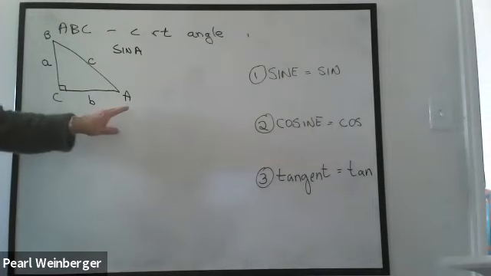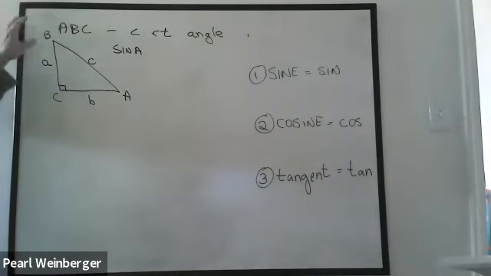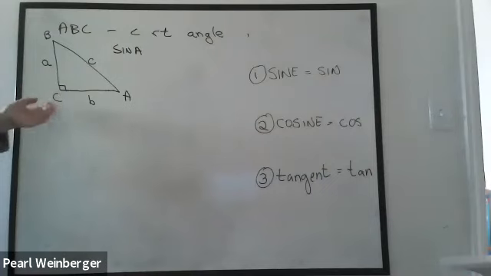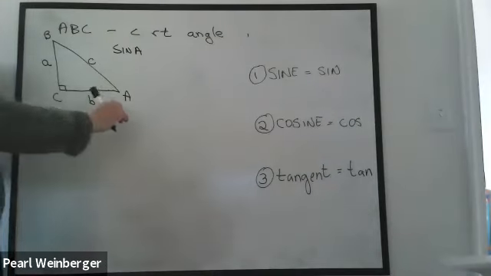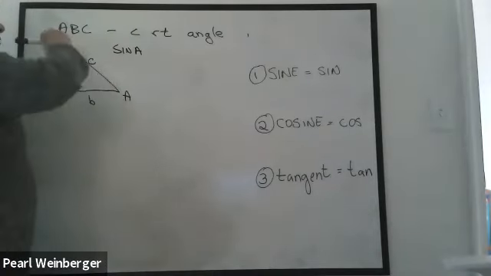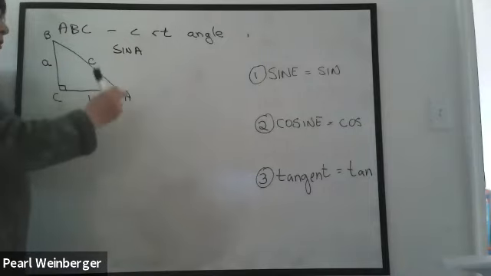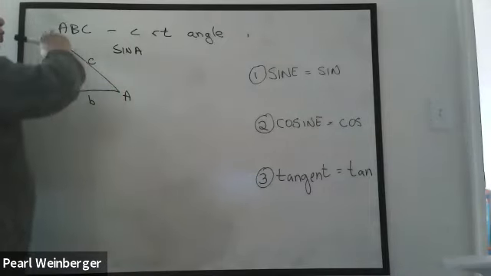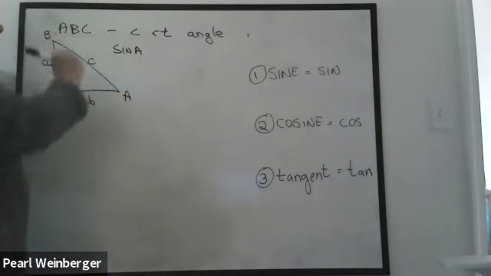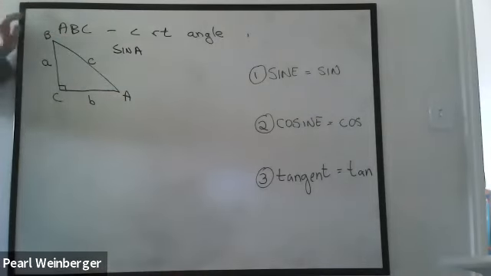So I could talk about sine A, I can talk about sine B. I usually don't talk about sine C. The right angle is usually not involved in it. We're usually interested just in the sine or cosine or tangent of what we call the acute angles, the angles that are not the right angles. But you can't just say, what's the sine? You have to say, what's the sine of, and then give the name of the angle you're looking at.